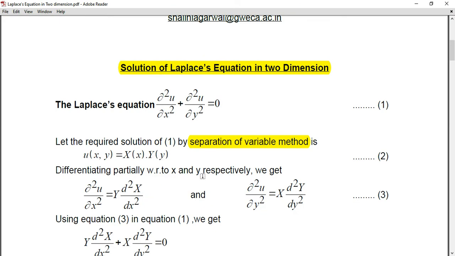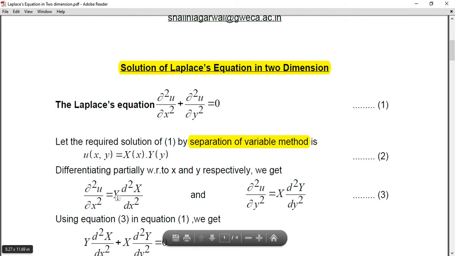Differentiating partially with respect to x and y, when we differentiate with respect to x, we treat y as a constant. Then we find ∂²u/∂x² = Y d²X/dx². Similarly, ∂²u/∂y² = X d²Y/dy².